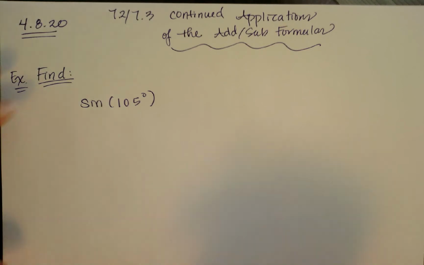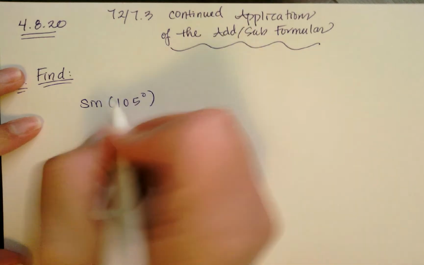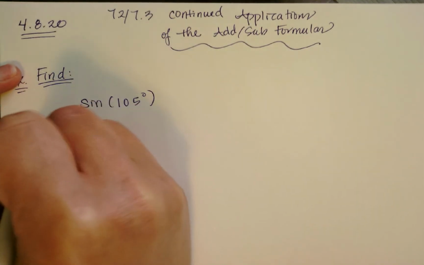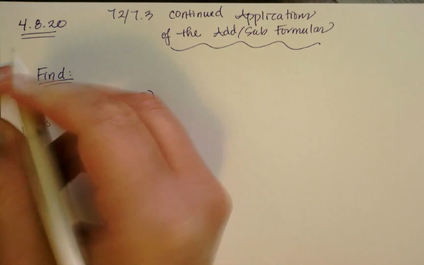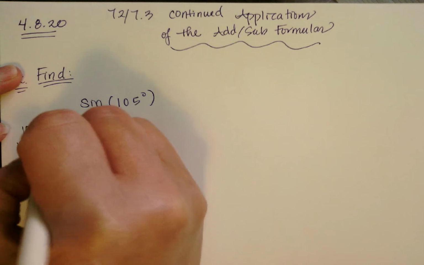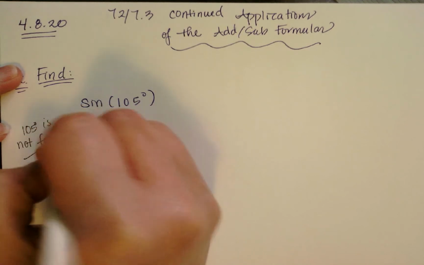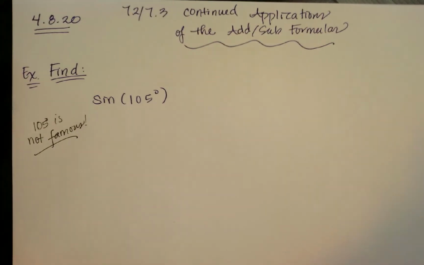So let me write that down. 105 degrees is not famous. And normally when angles aren't famous, we have been drawing them, building the sides and the quadrants, but it doesn't give us any other information. It doesn't say sine is negative and cosine is positive, so we can't build this angle. So instead we're going to use our addition and subtraction formulas.